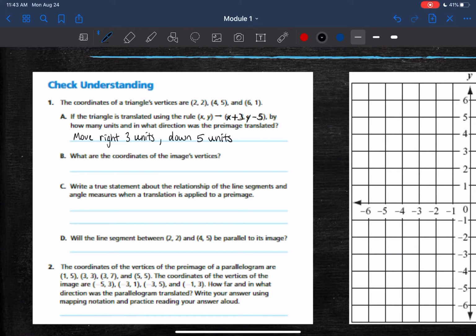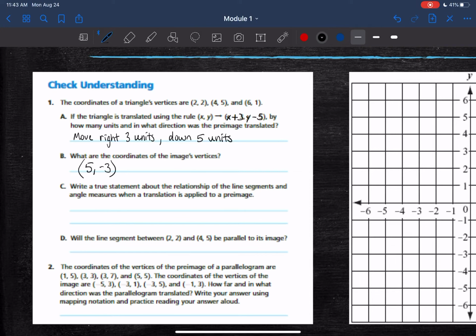What are the coordinates of the image's vertices? All right, so the one that was at 2, 2, if I move right, I'm going to add 3 to the x, and that's going to give me 5. And then if I subtract 5 from y, 2 minus 5 gives me negative 3.